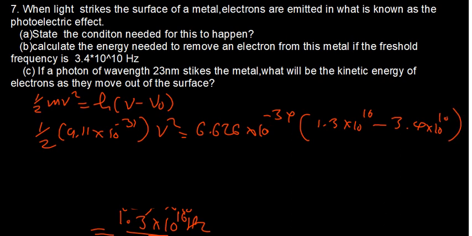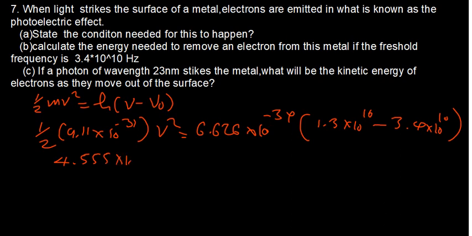So let's determine now, we want to find the velocity. So the first thing is, let's divide our 9.11 by 2. So that should give us here 4.555 by 10 to the power negative 31 v squared, and they should be equal to, we can subtract over that side, 1.3 by 10 to the power 16.